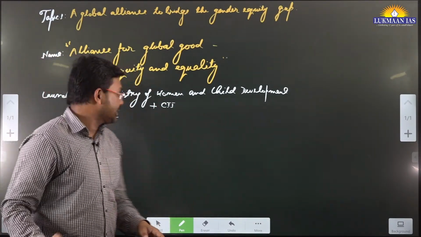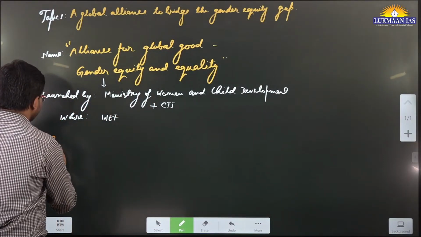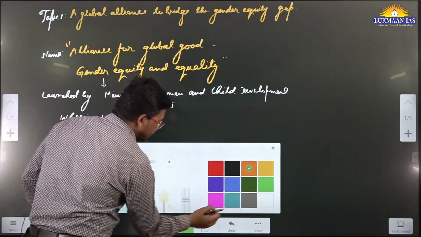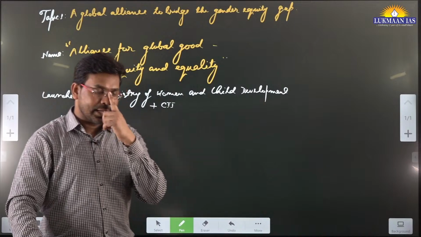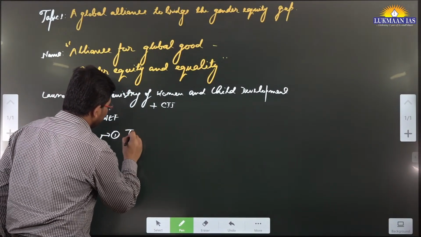What is the purpose of this alliance? There can be multiple purposes.